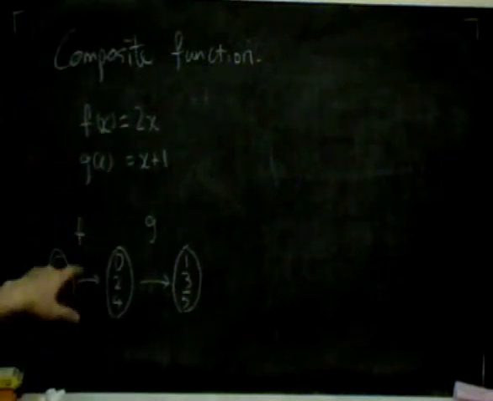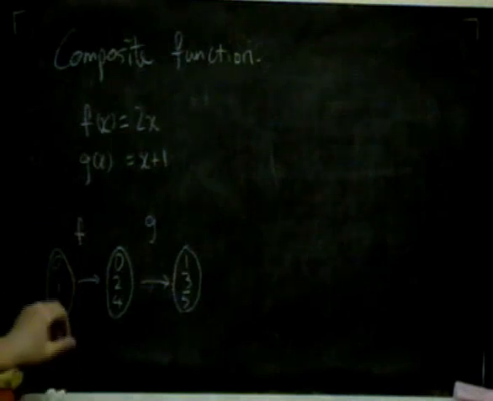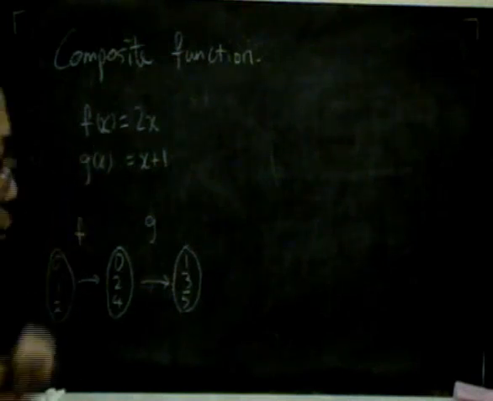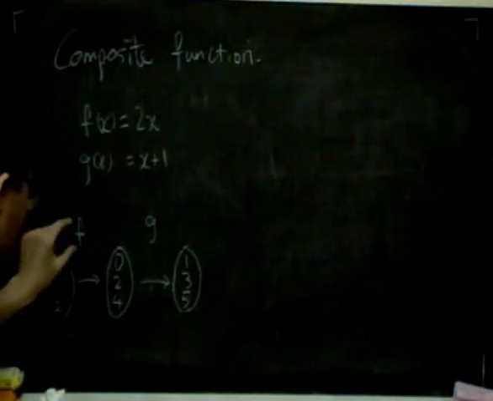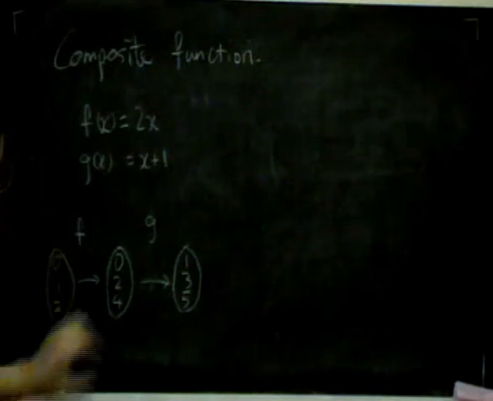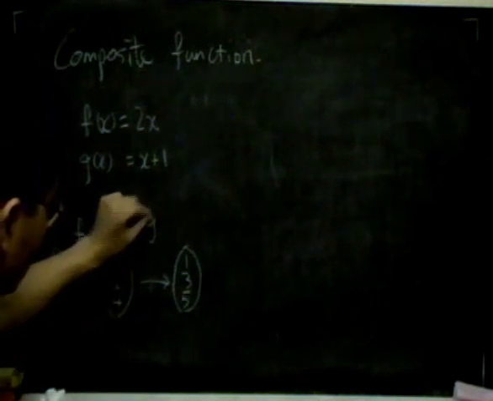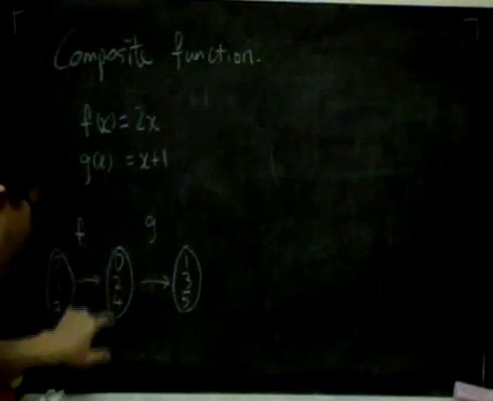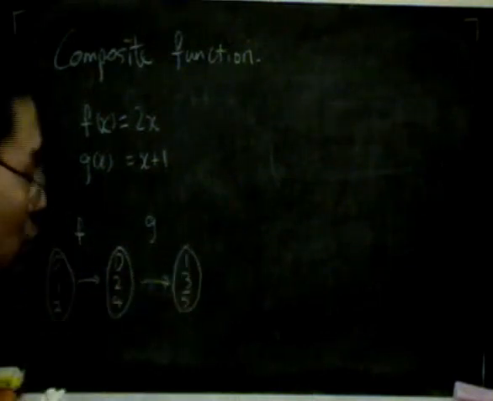If I want to make up a composite function, I can do so by starting with given values of x. First, I apply the function f to calculate the answers, and then I apply the function g to those answers from f and calculate the final value.